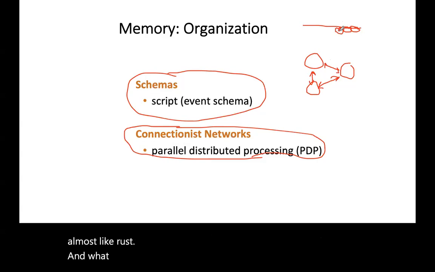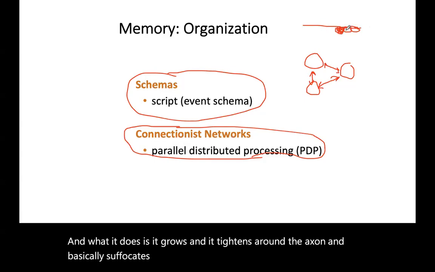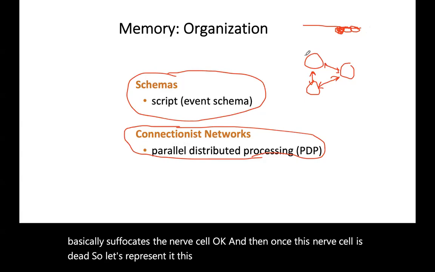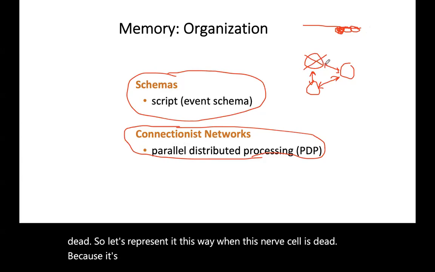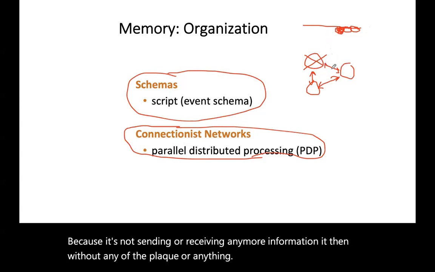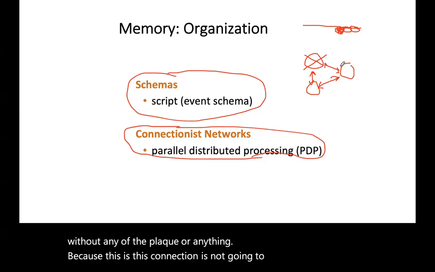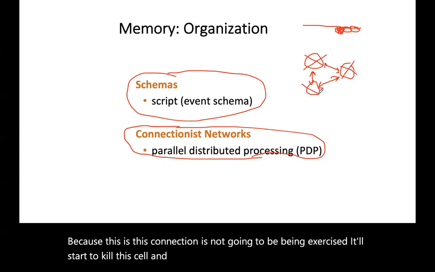And what it does is it grows and it tightens around the axon and basically suffocates the nerve cell, okay? And then once this nerve cell is dead, because it's not sending or receiving any more information, it then, without any of the plaque or anything, because this connection is not going to be exercised, it'll start to kill this cell and start to kill this cell, okay?